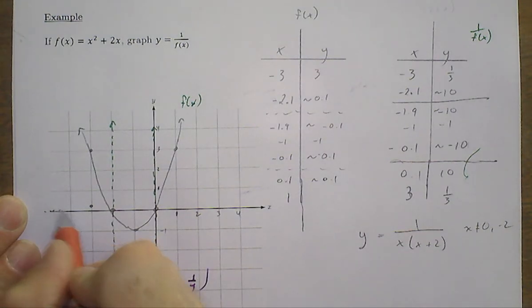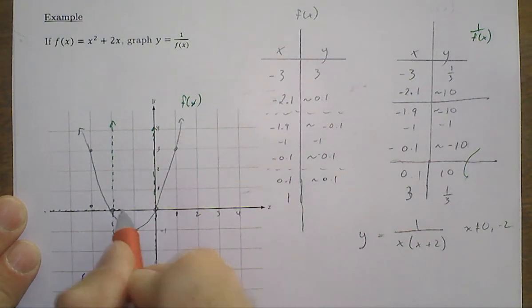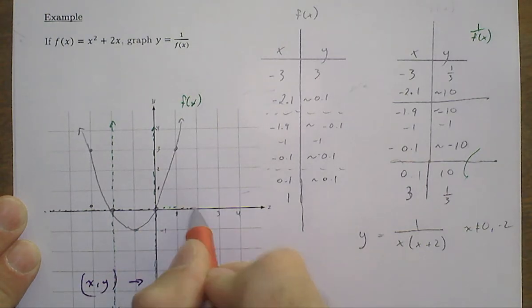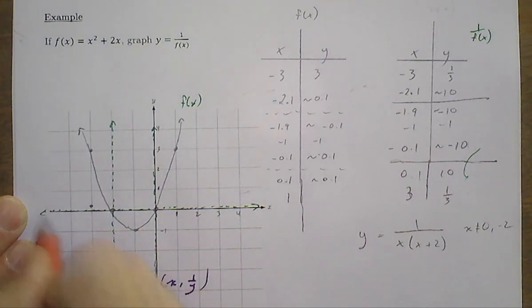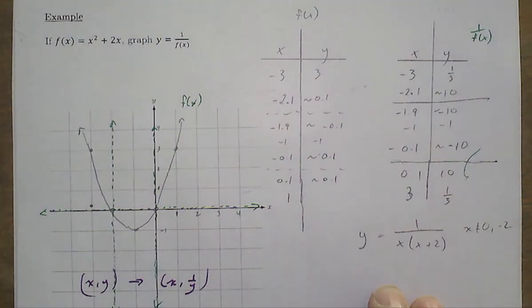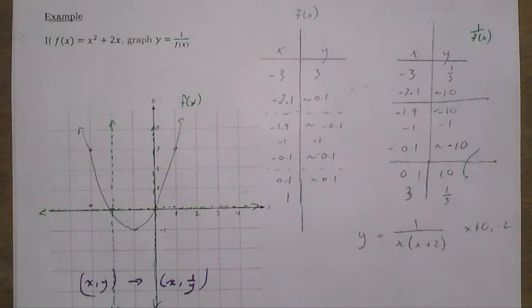Also, all reciprocal functions have a horizontal asymptote at y equals 0. So I have my asymptotes, which are basically the guidelines for graphing. But the free gifts don't stop there with reciprocal functions.